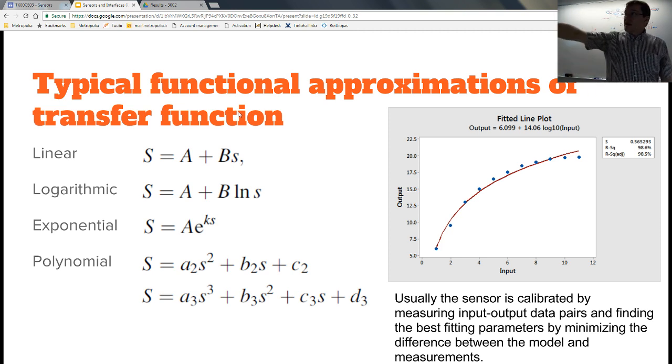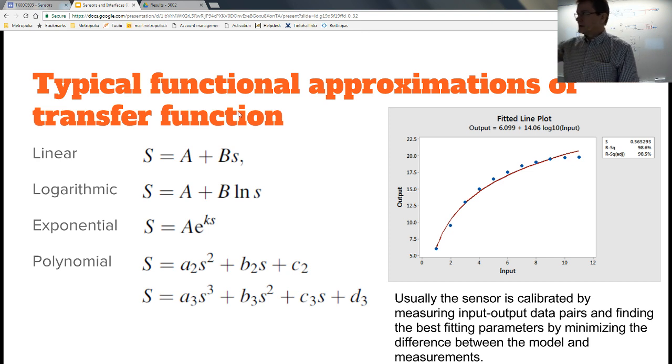But anyways, that's how they usually are. They are close to some calibration curve or the transfer function, but not exactly. So using sensors is very hard practical physics. It's experimental science.